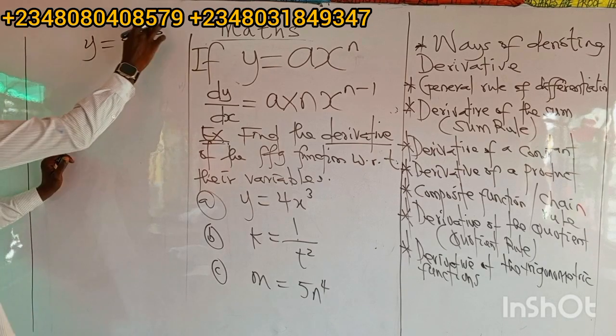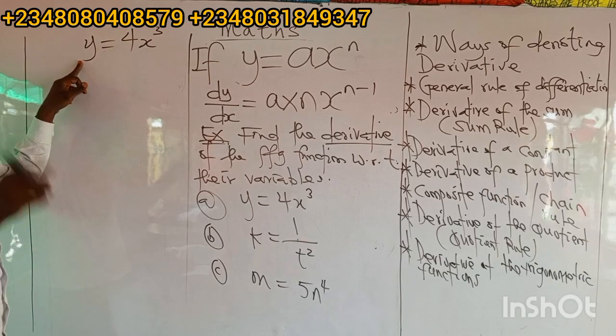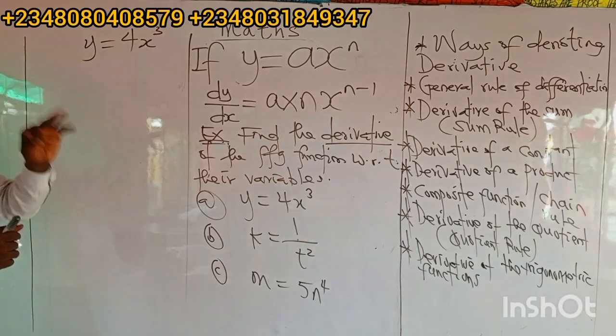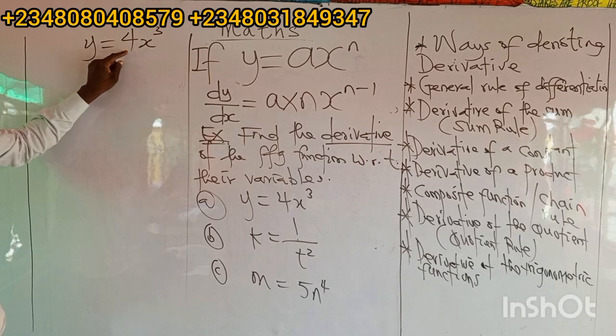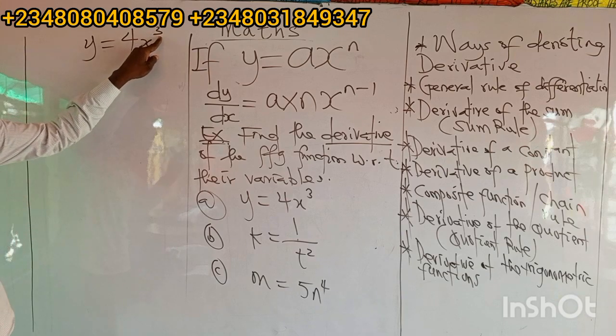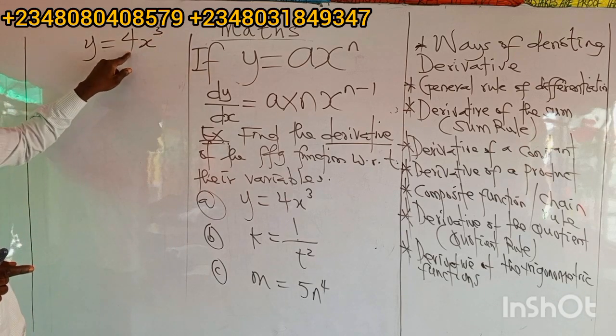In this case, y is a function of x. It means y depends on x. Where is the constant? This is the coefficient, which is 4. Where is the power? 3 is the power. What's the first thing? We will multiply this power by the coefficient.